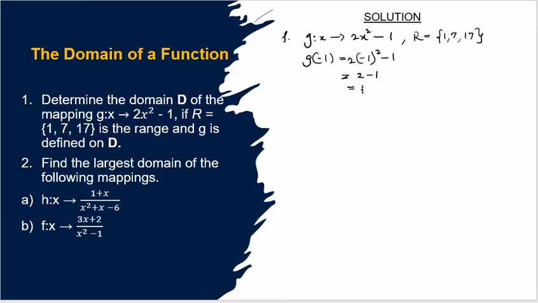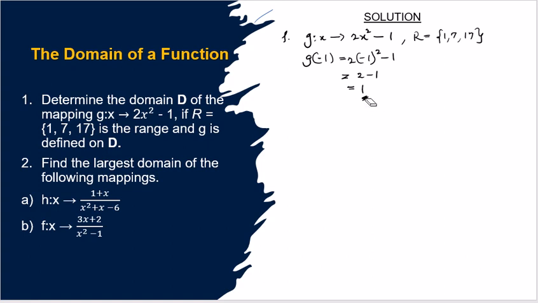So this 1 is an element in the range. It's an image of -1. That's what it means. This 1 is an image of the -1 we chose to be an element in the domain. So we can conclude that -1 is a member of D, part of the domain.